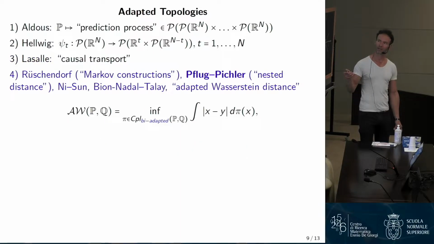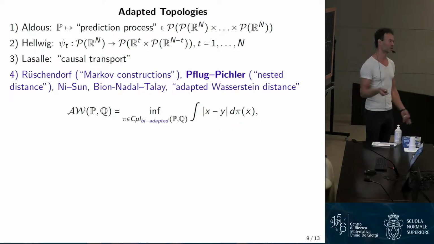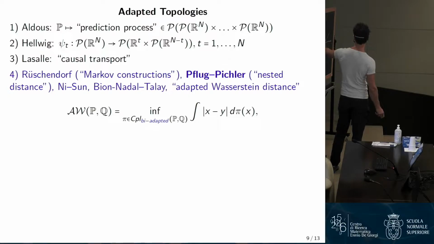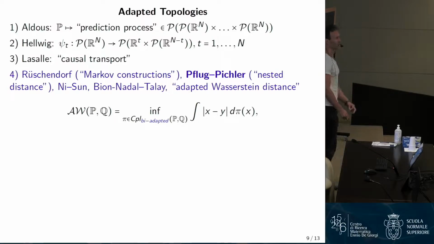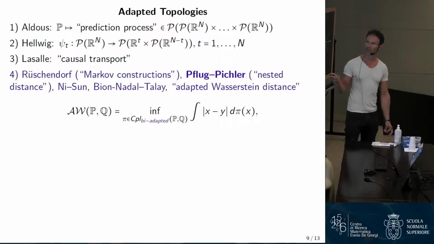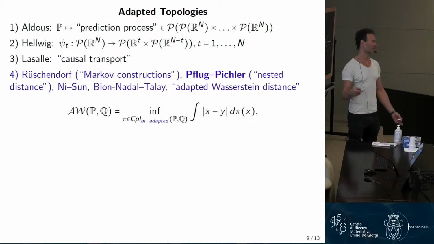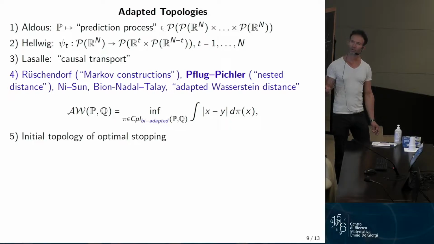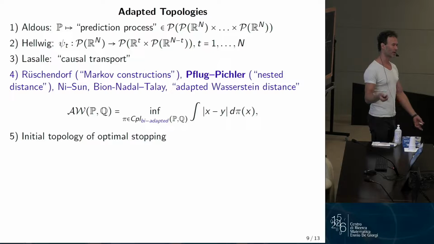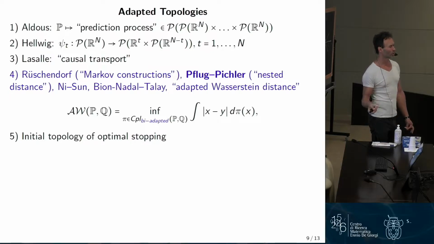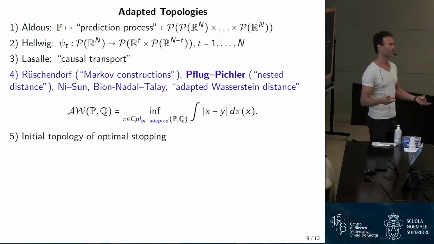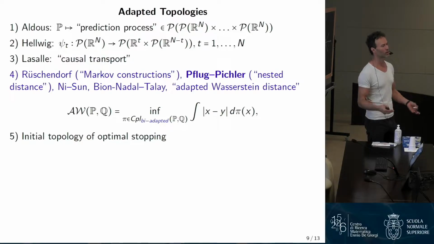Then there are several different people or communities who recognized that maybe you want to do an adapted Wasserstein distance by forbidding T to look into the future. So this adapted Wasserstein distance was discovered several times under different names. And then there is yet another approach: weak topology tests against continuous functions to look at convergence, and instead you could test against easy stochastic control problems and try to make them continuous.